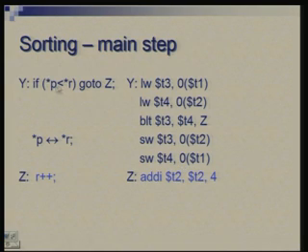So, basically we are comparing elements pointed by p and r. If the element pointed by p is less than the element pointed by r, we skip this interchange step. Okay. This interchange I am just showing in an abstract sense, that star p and star r are interchanged.